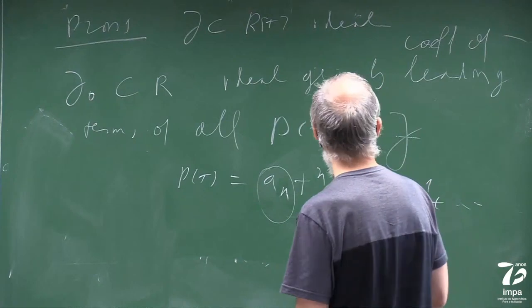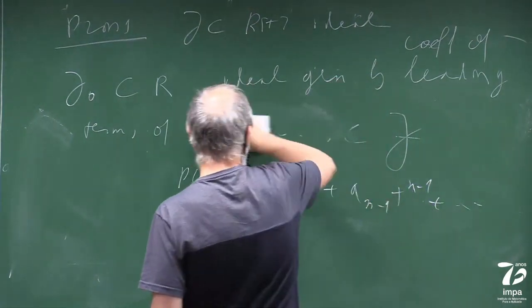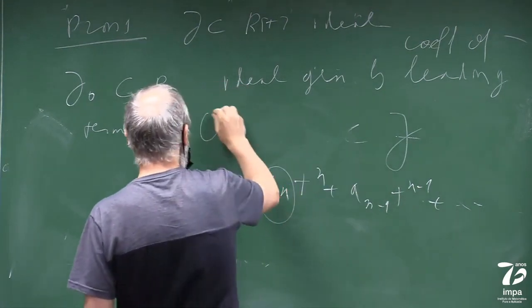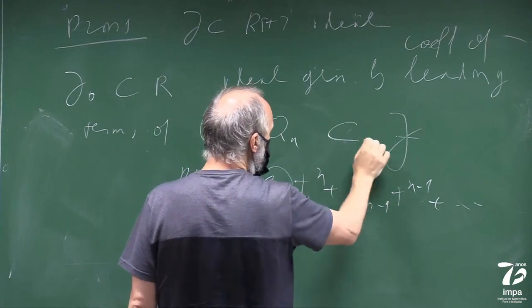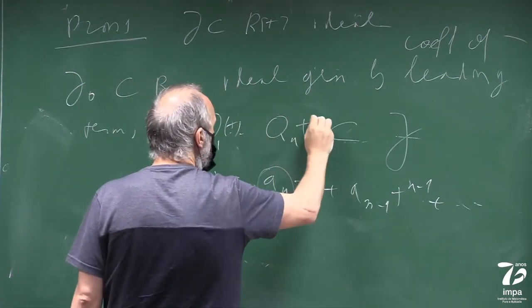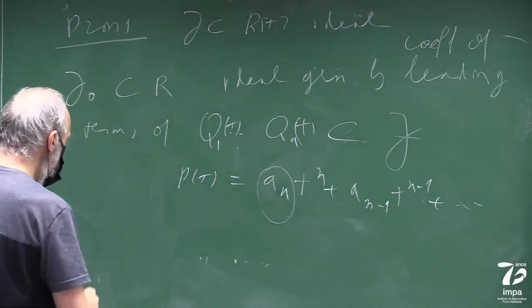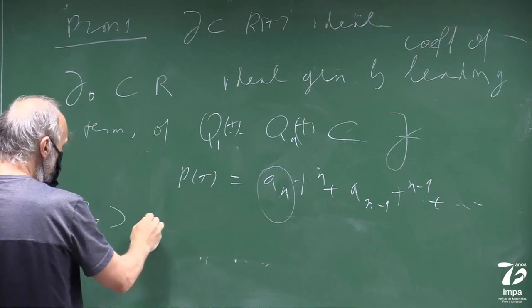Okay. Let's take the leading terms not of all P, but of a subset Q1, ..., Qn of J, finitely many polynomials, but such that J0 contains all leading terms.